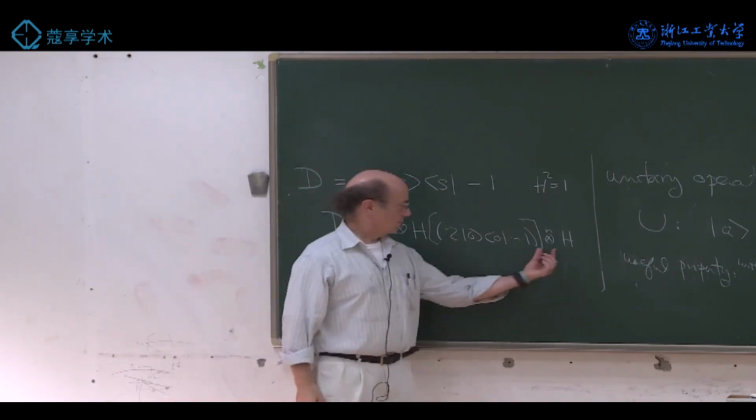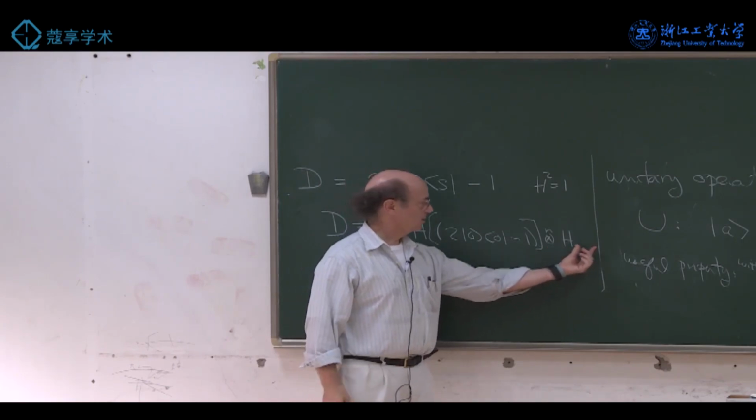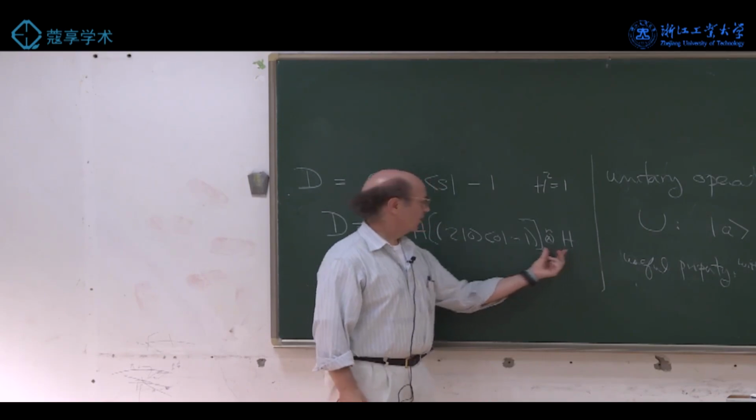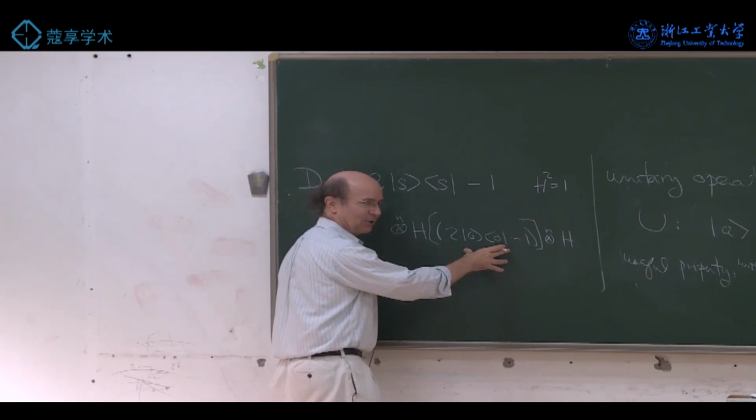Okay. So by acting with this on our reference state S, we turn it into 0. Then we reflect around 0.